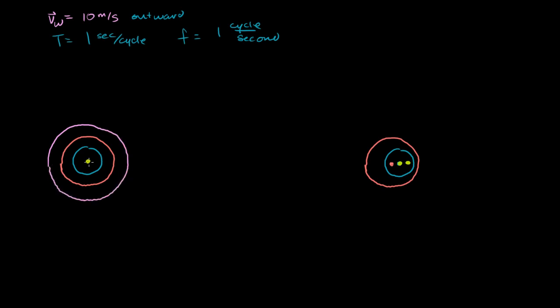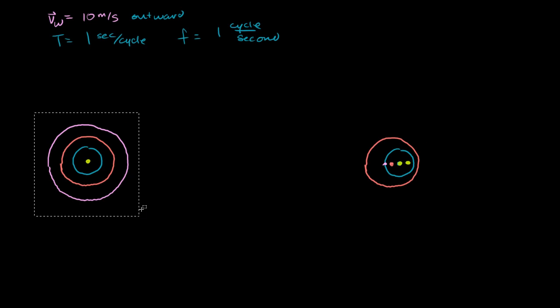This guy's been stationary the whole time. But what about this guy? Well, he wasn't here 3 seconds ago. He was here. Right? 1 second ago here, 2 seconds ago there, 3 seconds ago there. So we're going to be 30 meters radially outward from this point. So once again, I can just copy and paste this right here.